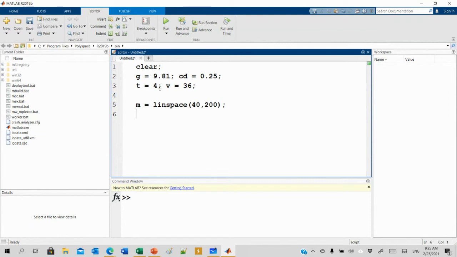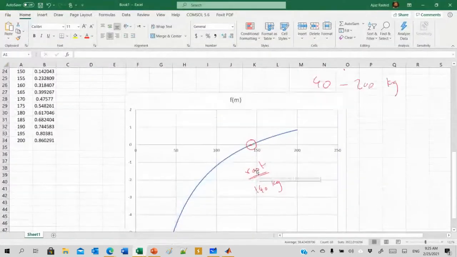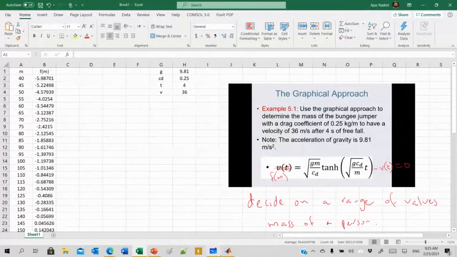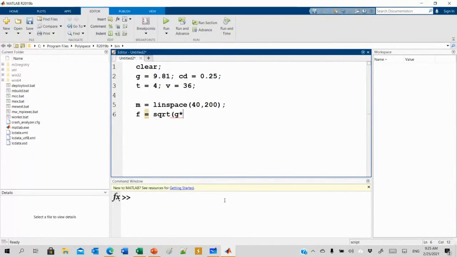Then I can give my equation for the function of mass, and I say it is square root of G m over CD, multiplied by hyperbolic tangent of the square root of G CD over the mass multiplied by time, minus the velocity.